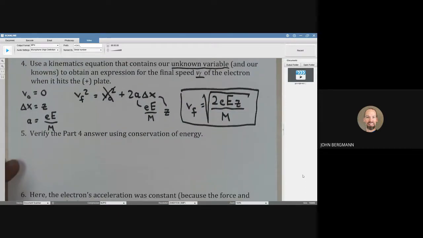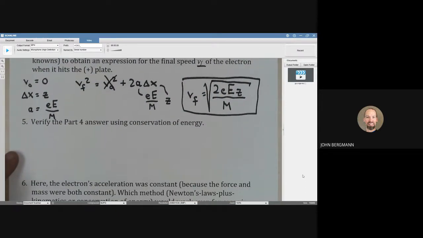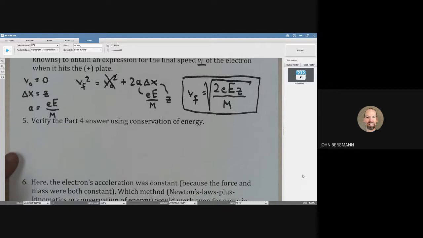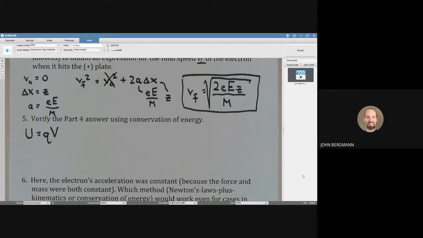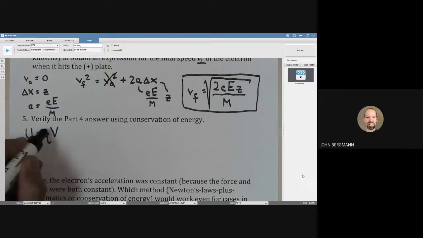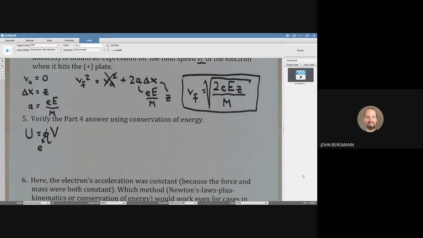Number 5 says, let's verify part 4 by using conservation of energy. The energy of the electron is its charge multiplied by the potential that it has. Here, we don't have Q, we have little e. That is the way the charge is given.